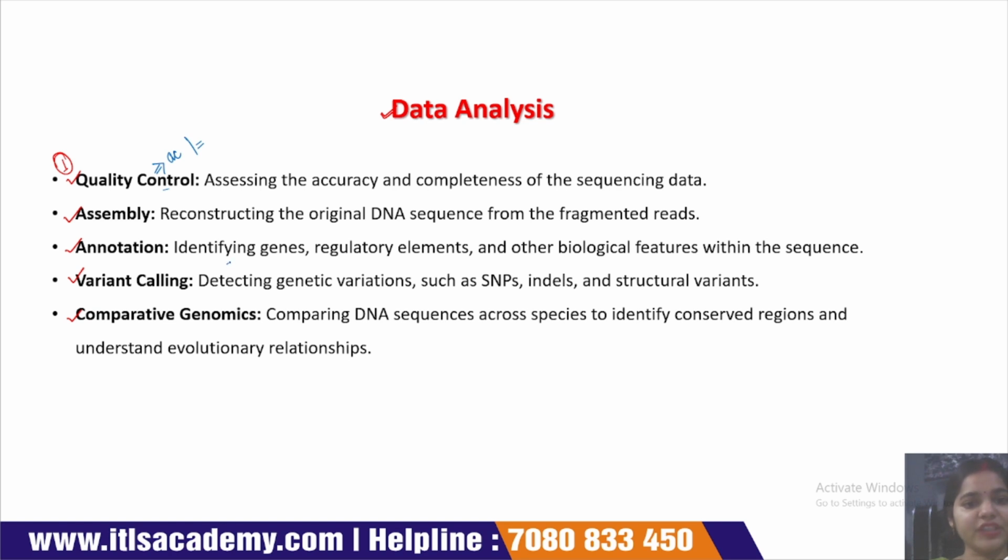In annotation, we identify the genes, regulatory elements and other biological features within the sequence. Variant calling detects genetic variation such as SNPs, that is single nucleotide polymorphisms, indels and structural variants. Next, comparative genomics compares the DNA sequences across species to identify conserved regions and understand the evolutionary relationship.